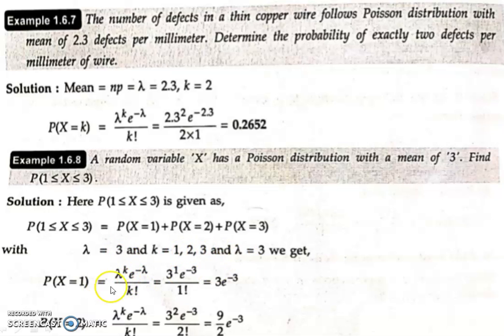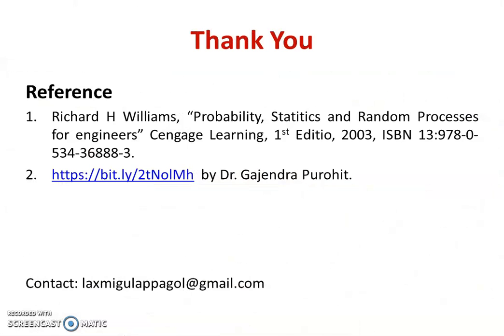We need to find each term. For p of x equal to 1, k is equal to 1, that is 3 power 1 e power minus 3 divided by 1 factorial. Similarly, for p of x equal to 2, you get lambda power k, that is 3 power 2 into e power minus 3 divided by 2 factorial, which is 9 by 2 into e power minus 3.